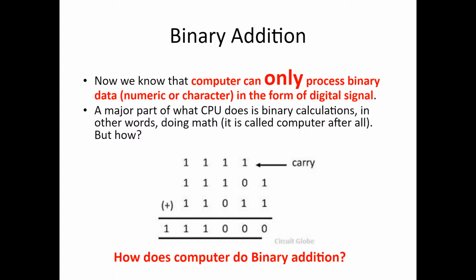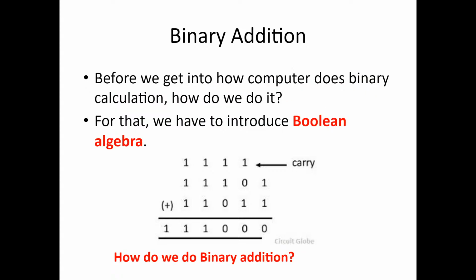In the next couple of slides, we're going to figure out how the computer actually does this. In order for the computer to perform these binary operations, we need to introduce a topic known as Boolean algebra. Boolean algebra plays a major role in how the computer can perform binary addition.